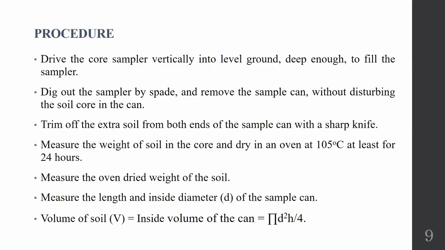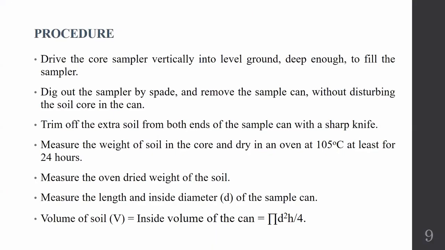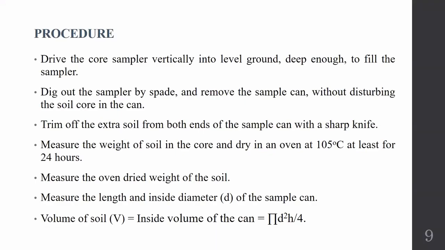Can anyone read the steps that you need to follow to find bulk density using the core sampler? Procedure. Drive the core sampler vertically into the level ground, to a depth enough to fill the sampler. Dig out the sampler with a spade and remove the sample can without disturbing the soil core in the can.